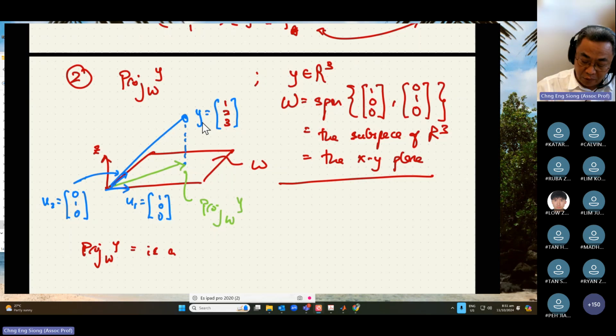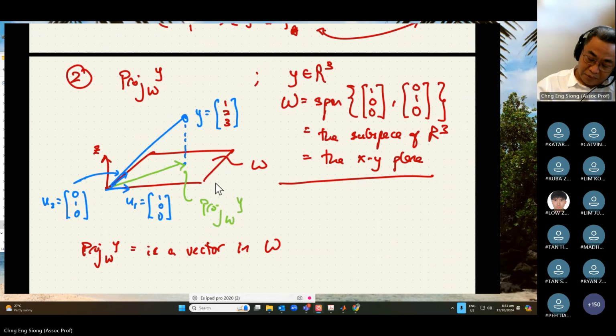No. It's a vector. Very good. Vector of what? Just now in the previous example was a vector along the direction of B. Now it is a vector what, guys? Yes, vector in W. Very good. So I have to find a vector within the space of W. So that's why it's called vector space. Means I'm living in W.